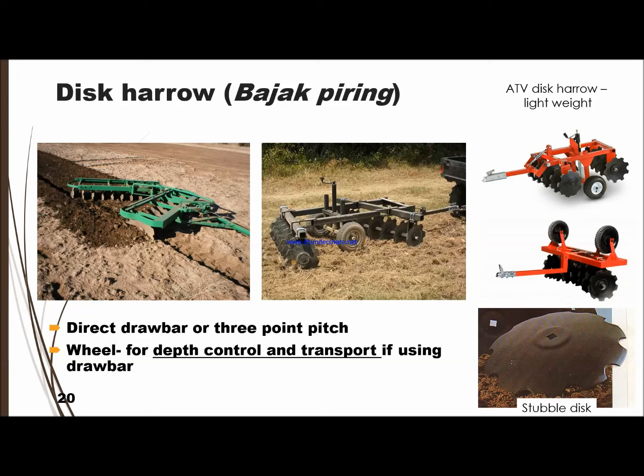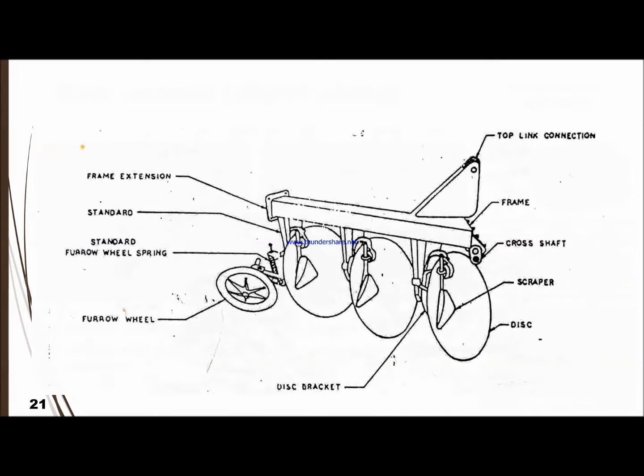For example, we have here this harrow, bajak piring, which has a direct drawbar or 3-point hitch for transportation. So we have a wheel design also for depth control and transport using the drawbar. On the right-hand side, we have the mounted disc harrow, which is considered lightweight, and we also have a design for stubble disc, which is less resistant from the soil.